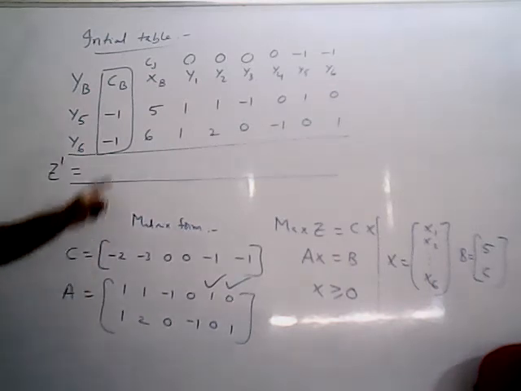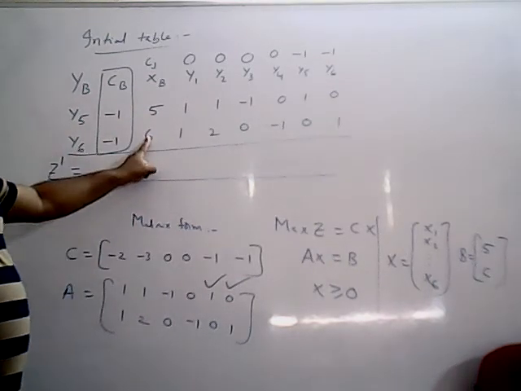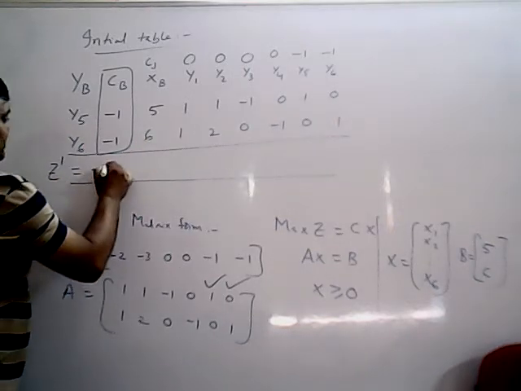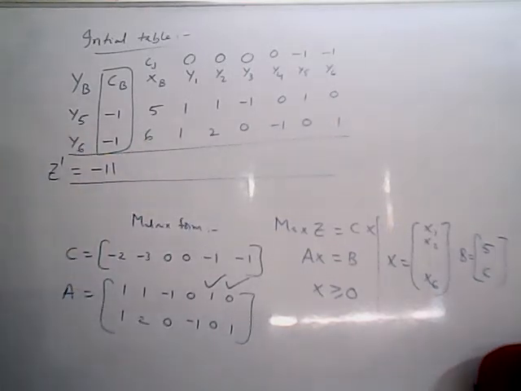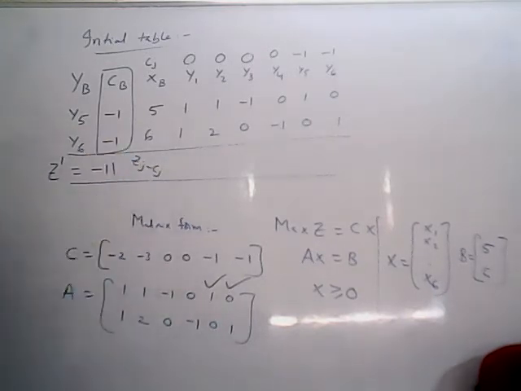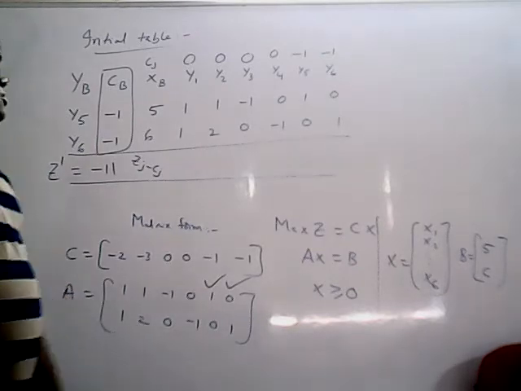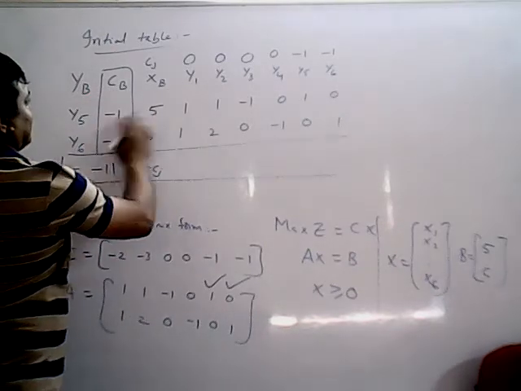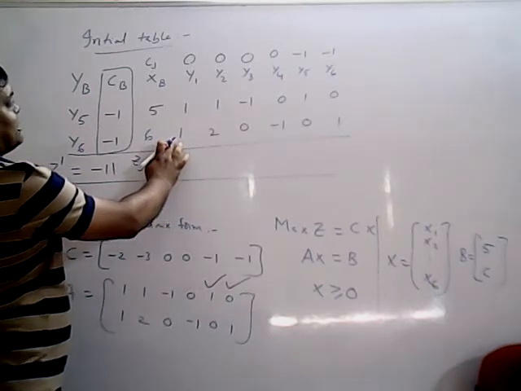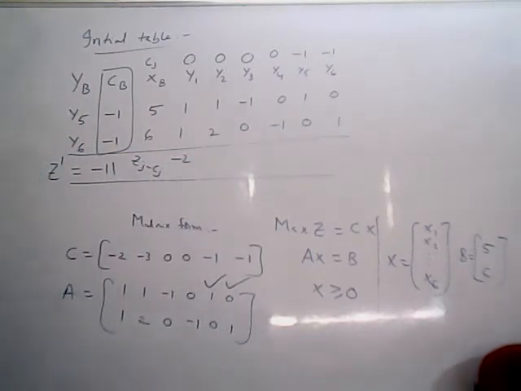Okay. So what is the formula for Z? CB into XB. So -5, -6, -11. Next, what you have to calculate? Zj minus Cj. Zj minus Cj means net evaluations you have to calculate. So formula is same. CB into y1: -1 into 1, -1 into 1, that is -2, -2 minus 0, -2. Okay.